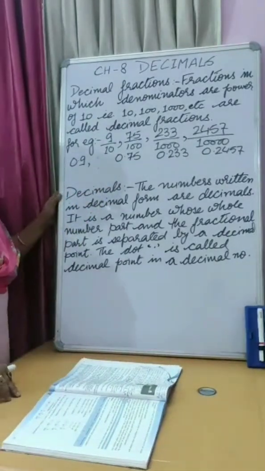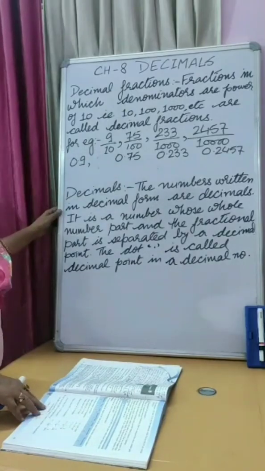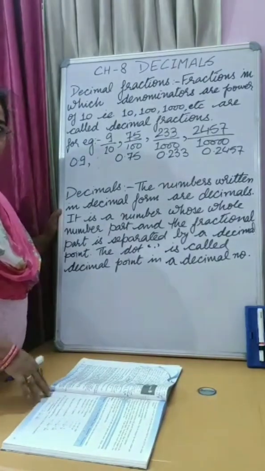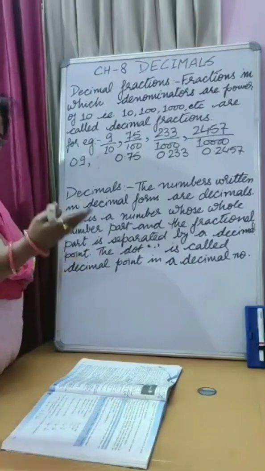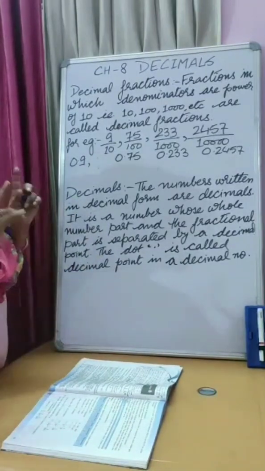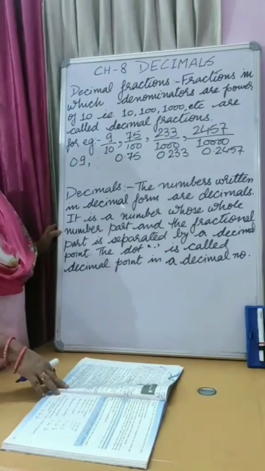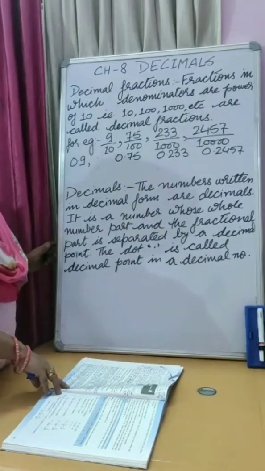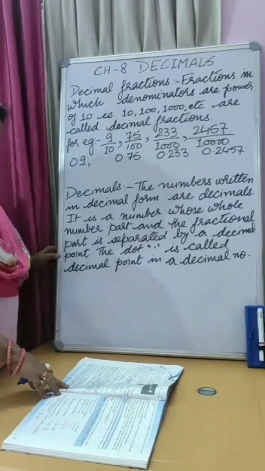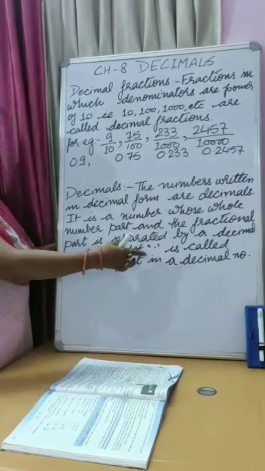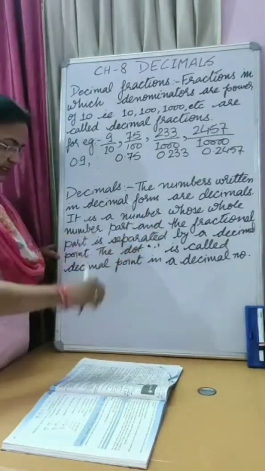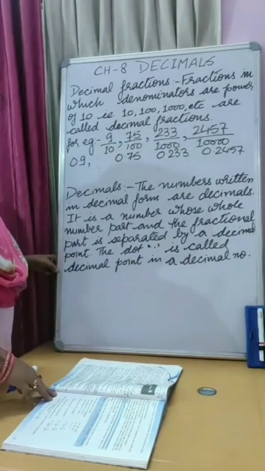Now what are decimals? The numbers written in decimal form are called decimal numbers. When we are using a decimal in a number, that is a decimal number. It has two parts. It is a number whose whole number part and fractional part are separated by a decimal point. This dot is called the decimal point in a decimal number.